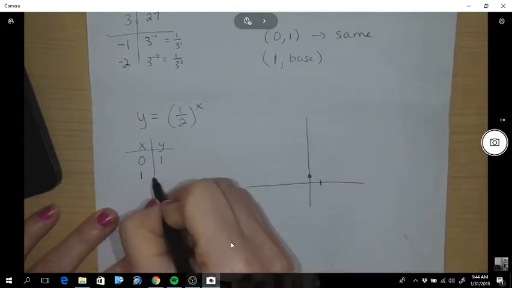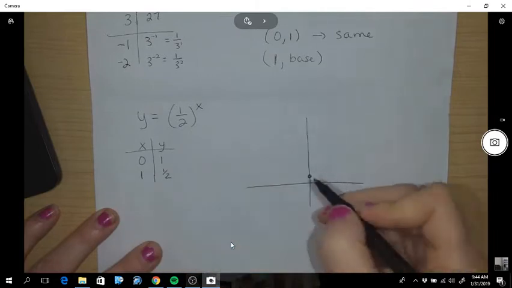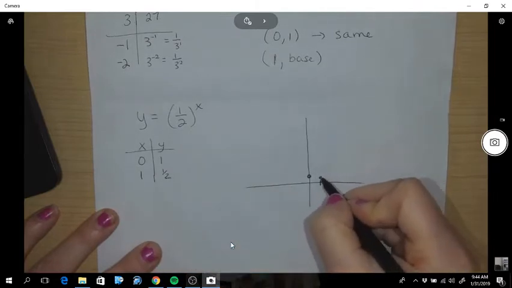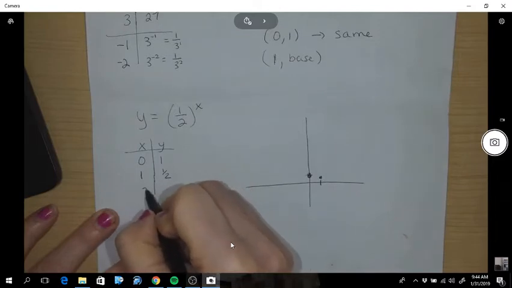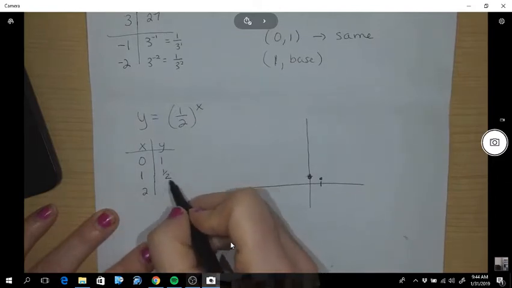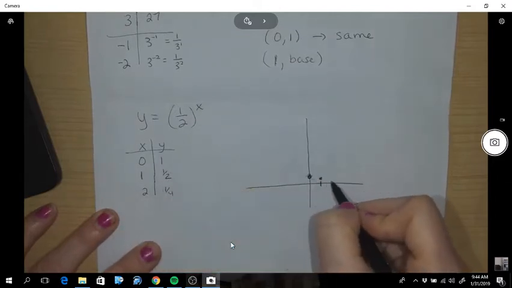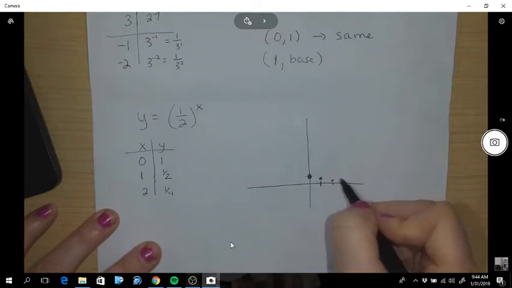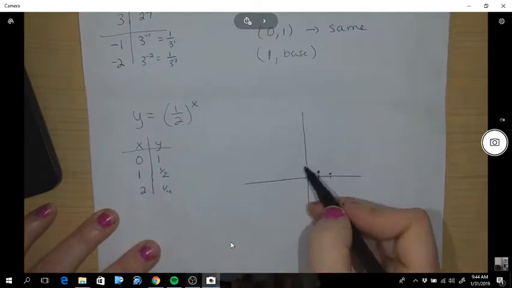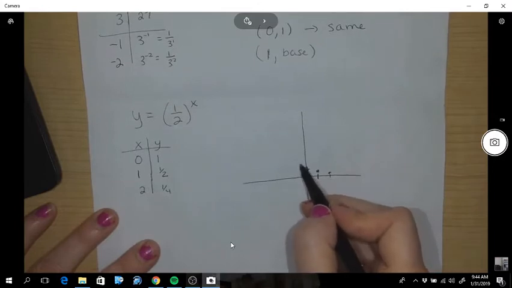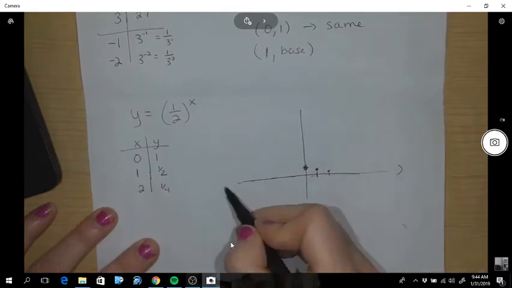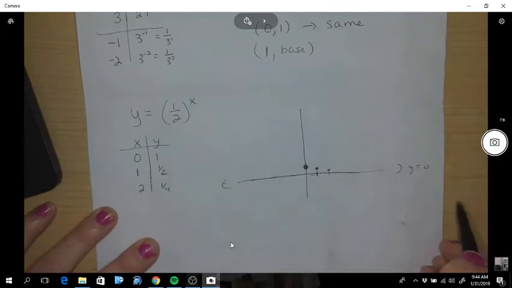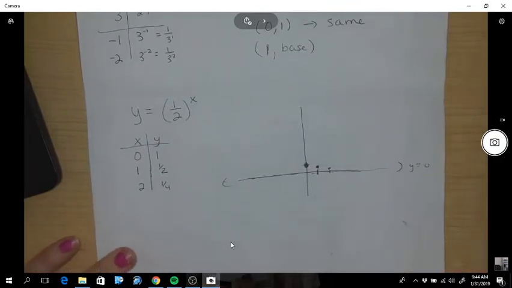And then when you have 1, it's always going to be the base. And then if I do 2, 1/2 squared is 1/4. So what's happening is that it's getting lower and lower there. Okay, and eventually, again, you're going to get closer and closer to the height of 0.